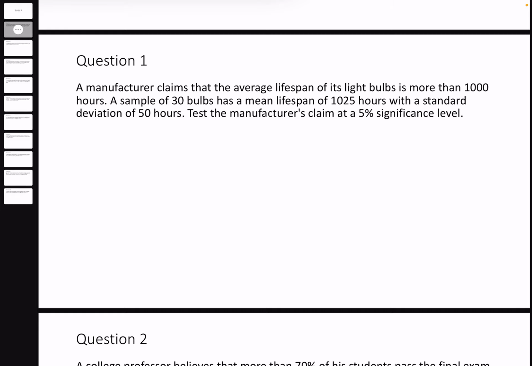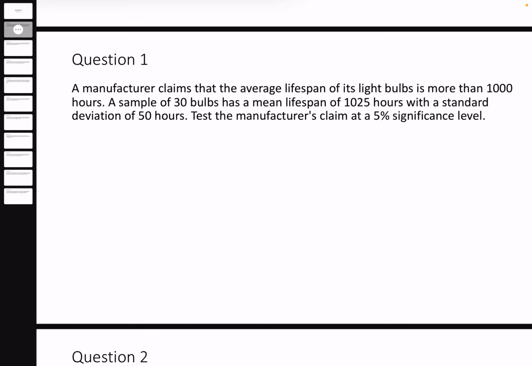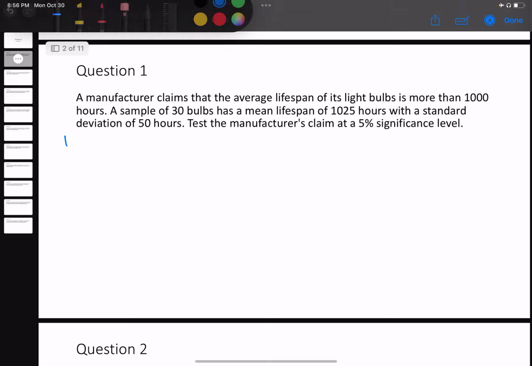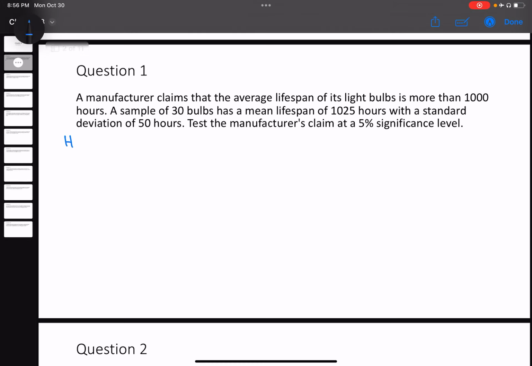Here, in order to test the manufacturer's claim at a 5% significance level, we first define our null hypothesis, or H0, and alternative hypothesis, HA.